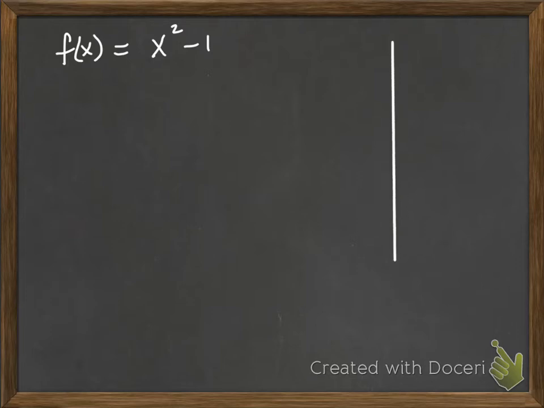Most of the time, let's say you have an equation, let's say you have f of x, which is just another way of writing y, equals x squared minus 1. If I graph it, it looks like this. Here's my little coordinate plane. I may have drawn that too big, but that's okay.